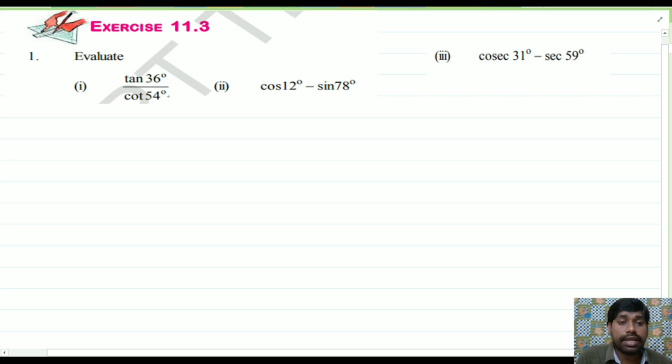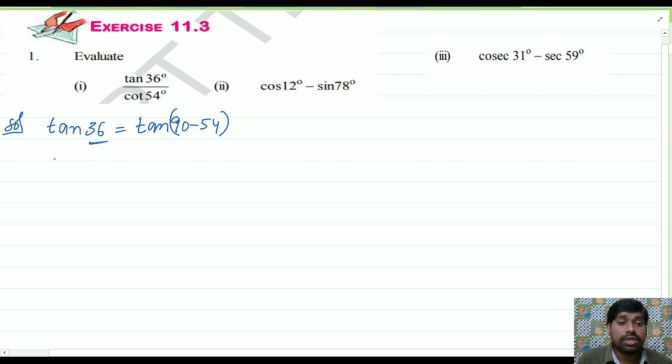Both angles add up to 90, so this numerical is related to complementary trigonometric ratios. Here tan 36 can be written as tan 90 minus 54, because 90 minus 54 is 36.